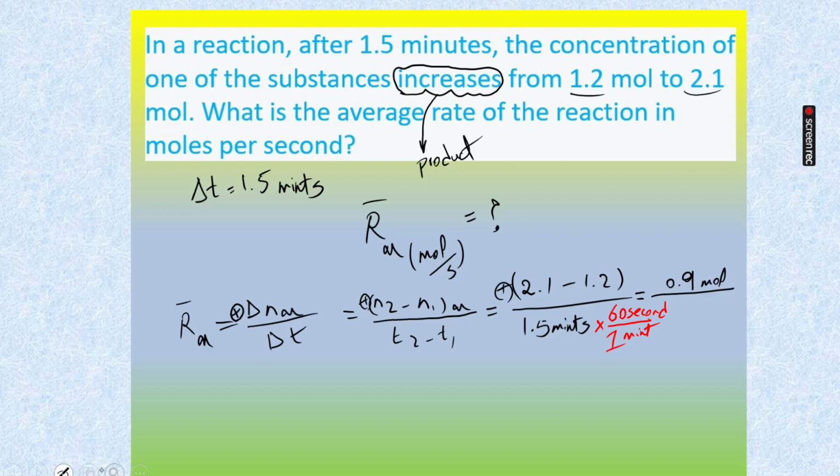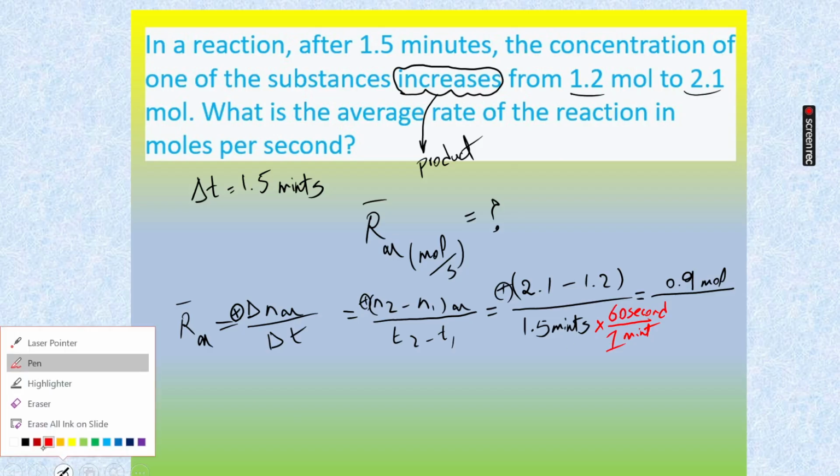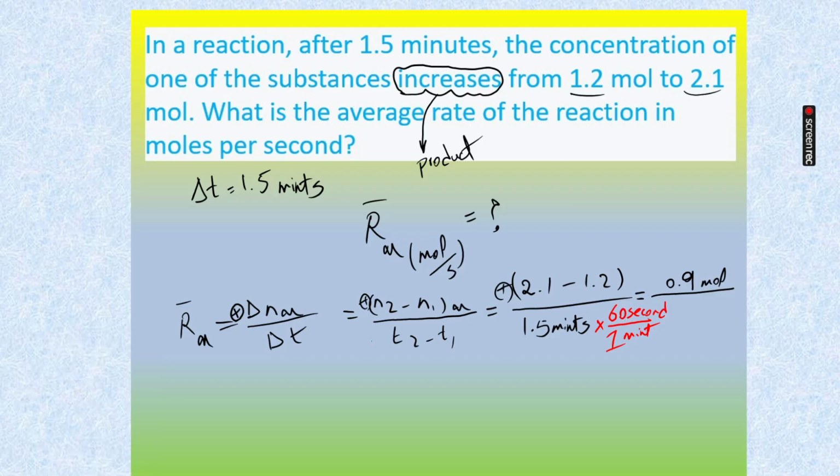By doing this, you eliminate minutes and you create the second, because I'm looking for the rate of the reaction in the unit mole per second.